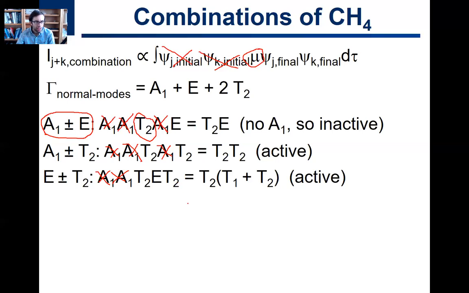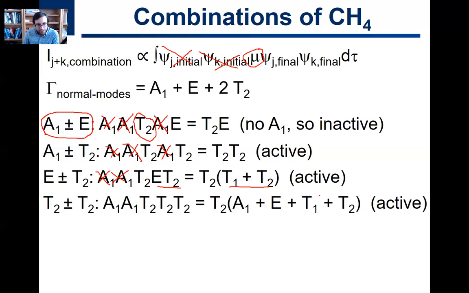Look at the previous videos on reducible representations and product tables for how to get E times T2 being equal to T1 plus T2. At this point, now you have T2 times the sum of T1 plus T2. T2 times T1 is not going to have an A1 because it's not multiplying something by the same thing. But T2 times T2 will have an A1 in it. And because of that, the integral will be non-zero, so this is active.